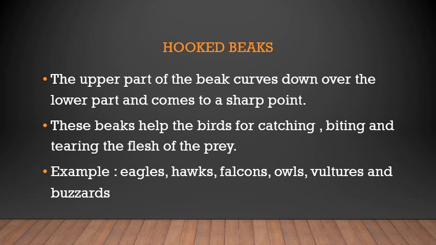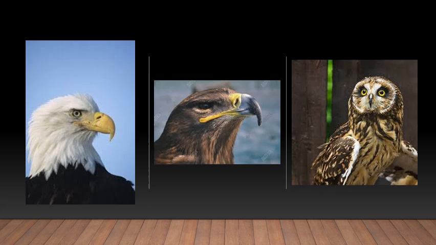The upper part of the beak curves down over the lower part and comes to a sharp point. These beaks help the bird for catching, biting, and tearing the flesh of their prey. Usually, these hooked beaks help in eating the flesh of other animals. It is for the birds who eat the flesh of other animals. Okay, so their beak should be sharp, and it looks like a hook.